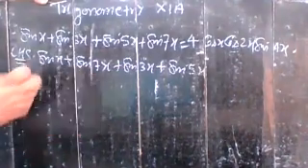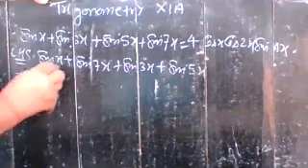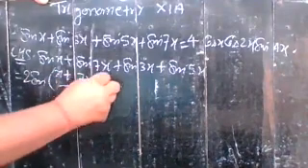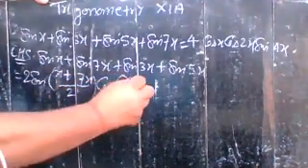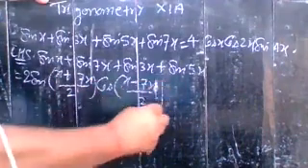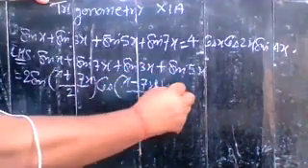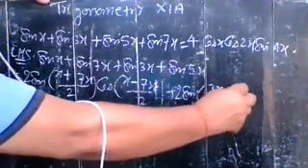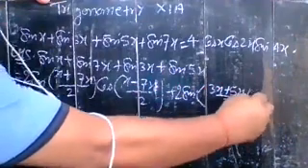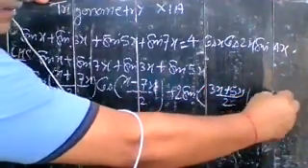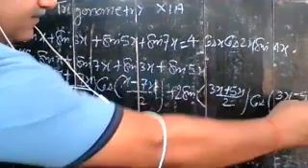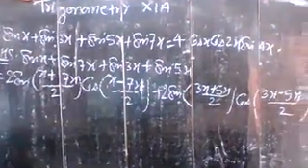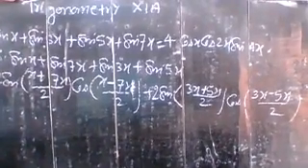Okay, so applying here: 2 sine x plus 7x by 2 cos x minus 7x by 2. In the same way, here you can apply 2 sine 3x plus 5x by 2 and cos 3x minus 5x upon 2. You can apply the formula in this way.